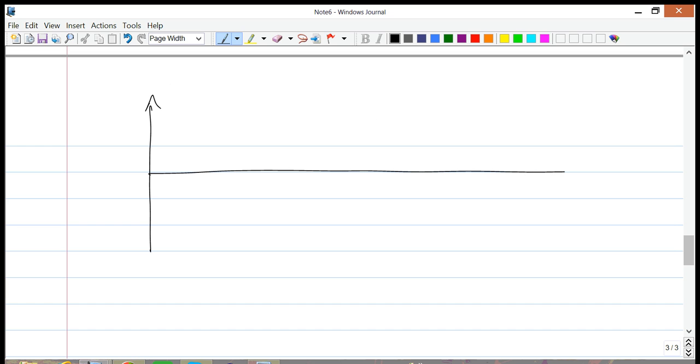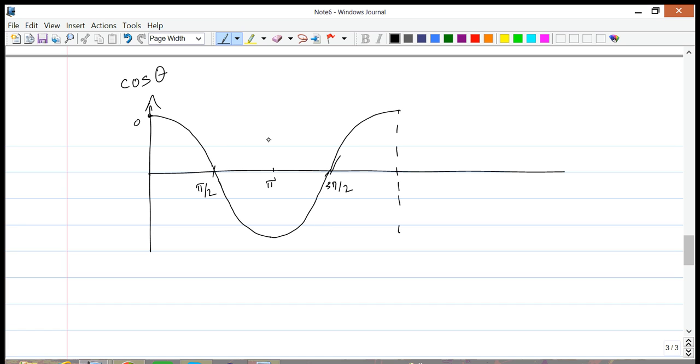If I were to just graph cosine of theta, what we know is that at 0 it will be equal to 1, then at pi by 2 it goes down to 0, at pi it becomes minus 1, at 3 pi by 2 it hits 0 again, and then at 2 pi it comes back to its original position, and from here onwards it will keep on repeating itself again and again.